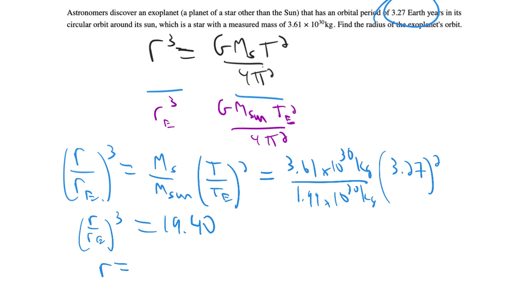So the thing we want is the Earth's orbital radius times the cube root of 19.40. And again, we can get that from Google.